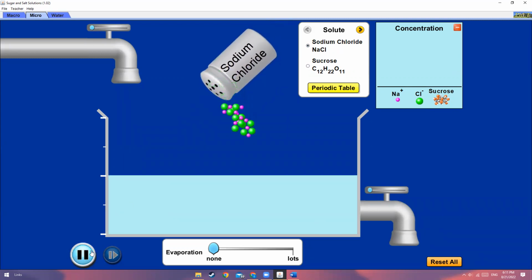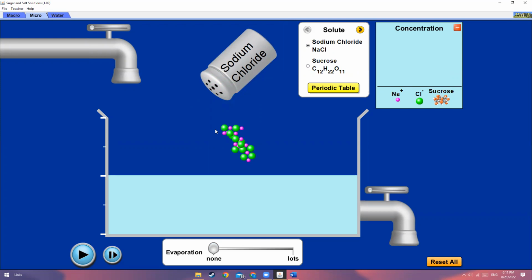There we go. All right, so here you can see, and you remember from earlier lectures when we were talking about ionic compounds, it's all those positive and negative charges forming a grid of repeating units.